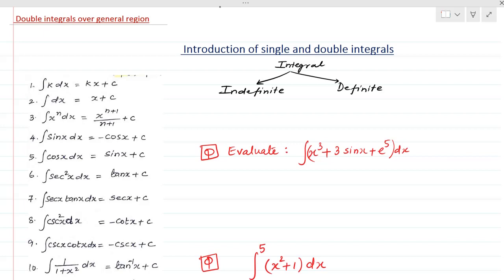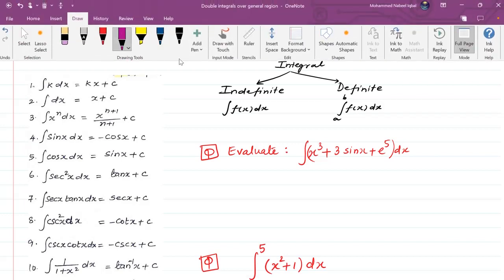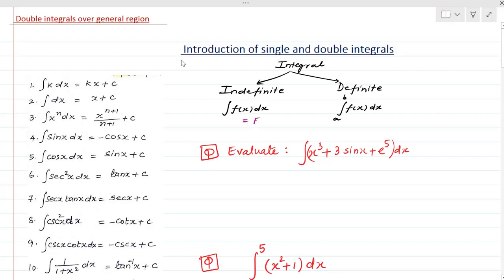Suppose you have an integral a to b f of x dx, whereas here is the integration without the limit, f of x dx. Now how will you integrate? After integrating here, you will get F of x, the integration of this integral, plus c.